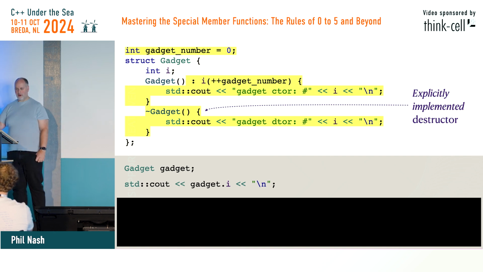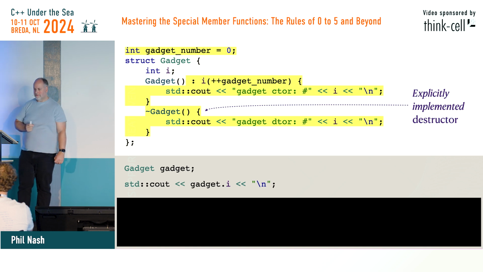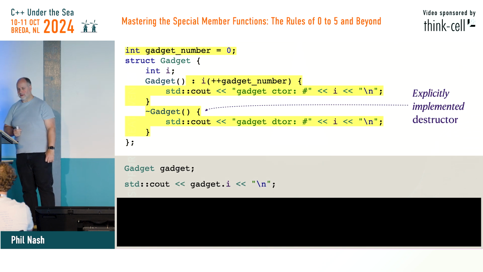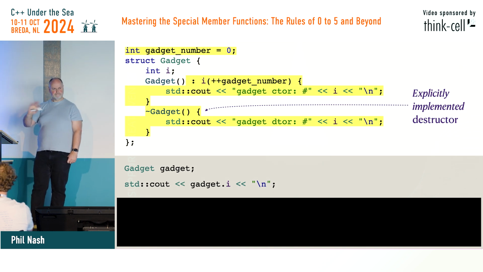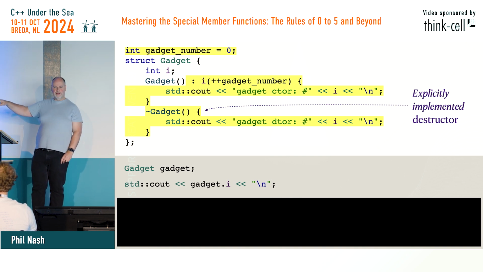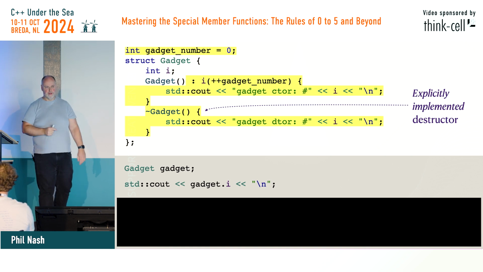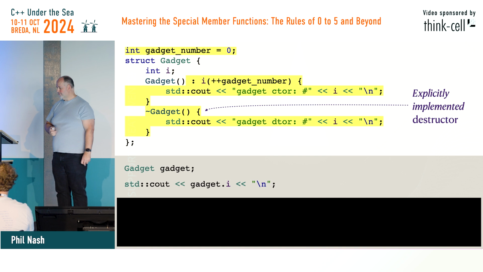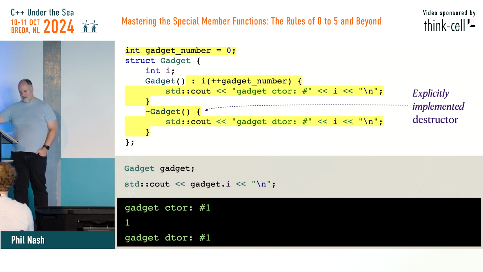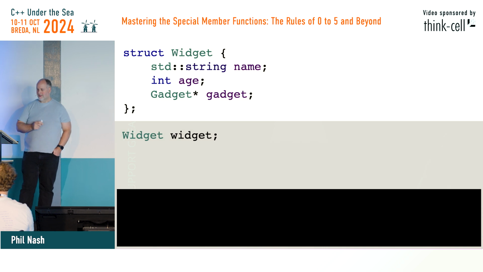And I've also got this global variable that we're incrementing to give us what we're going to call a gadget number, so we know which instance we're dealing with. So we can see that in the output. I say not particularly complex, but I just want to give you a moment to make sure you've internalized that, because we're not going to see it again, but we're going to be using it. So a classic sort of RAII type that we might use. All right, let's change this up a bit. Oh, I should show you the output as well.